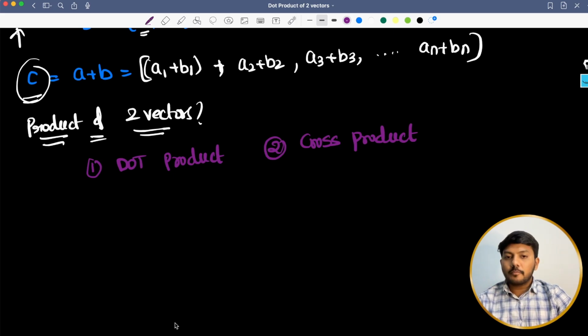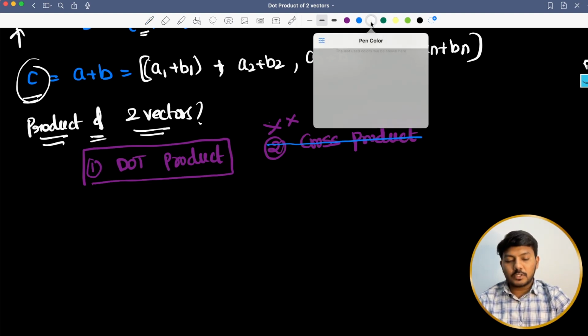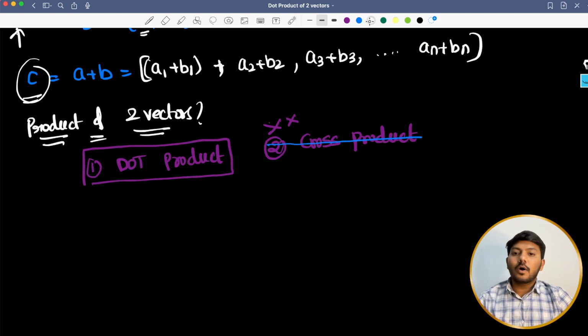For the sake of machine learning, we will mostly not use cross product, we will only use dot product. So in this video we will learn about dot product in detail compared to the cross product. If you want to learn about cross product, please google it, but from a data science point of view we don't use cross product much.